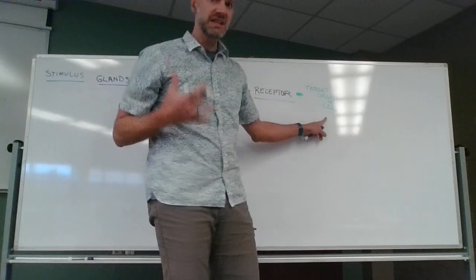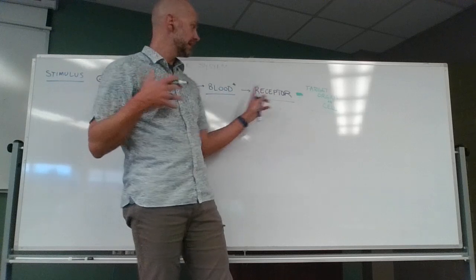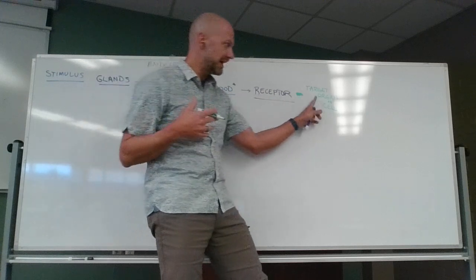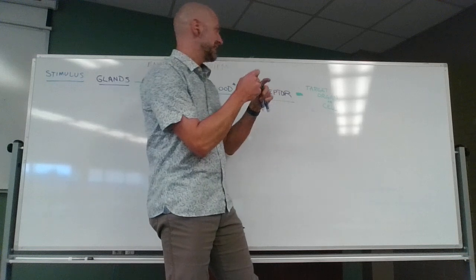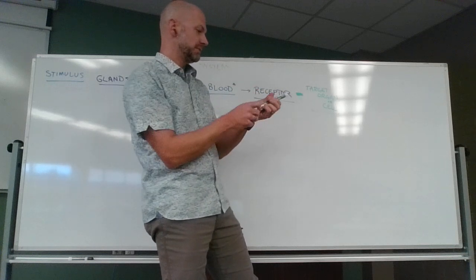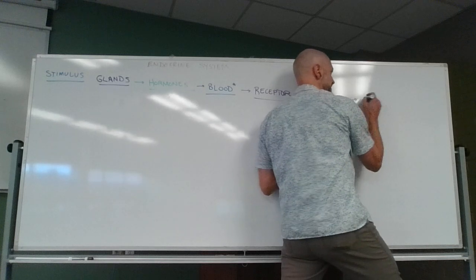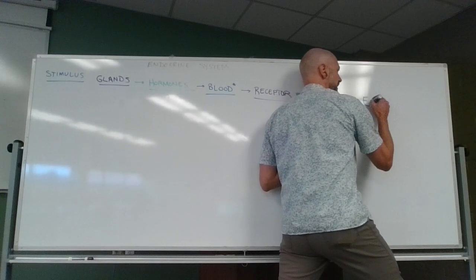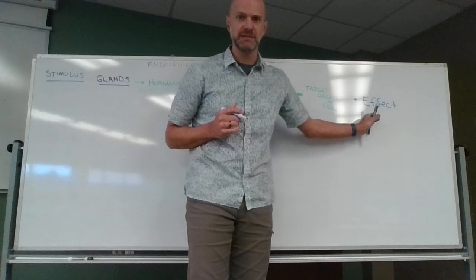And that's the thing that is responding to the hormone. It's receiving, this receptor is on or inside of this cell. Okay. Lastly, back to blue, this target organ or cell will have some effect. Okay, it will have some effect.